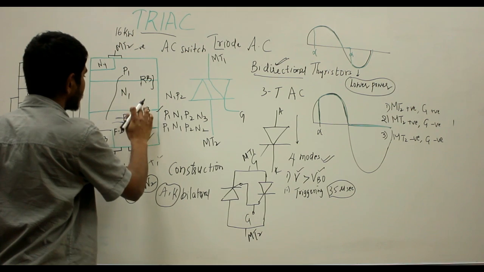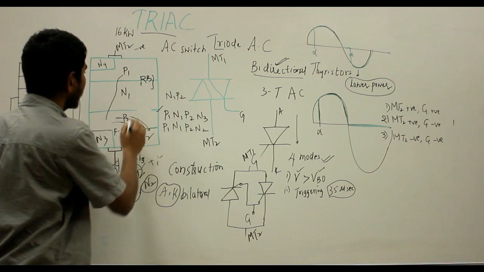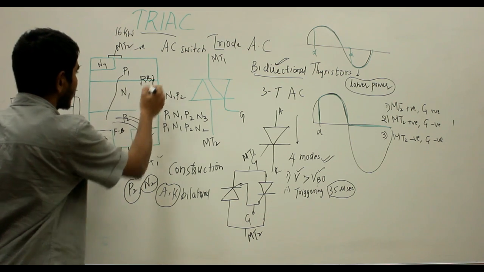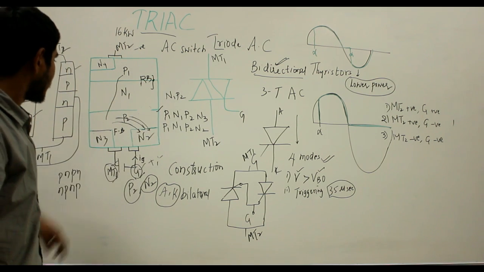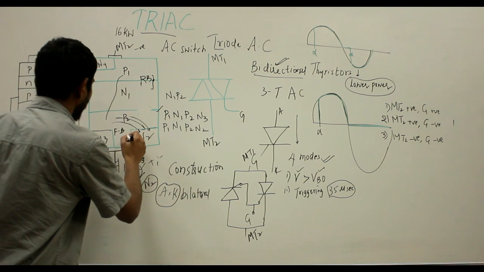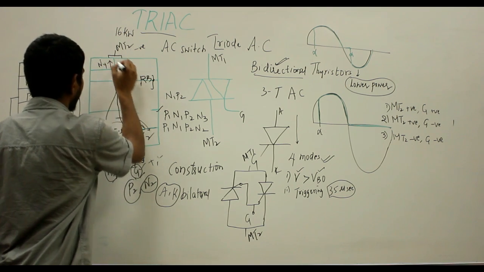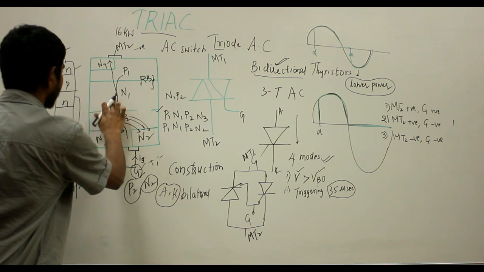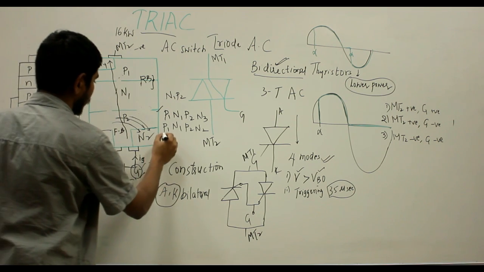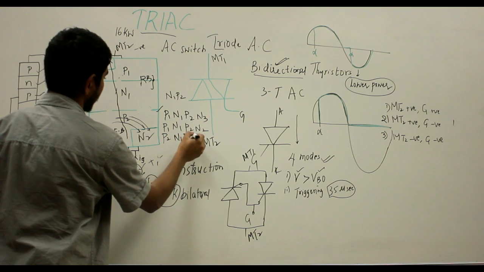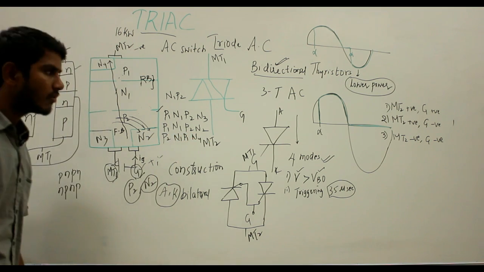So this will be the reverse bias region for the mode 3 and these injected electrons will break down your reverse bias region and the current will flow from P2, N1, P1, N4. So this will be the current direction. So here P2, N1, P1, N4 will be the current direction for the mode 3.